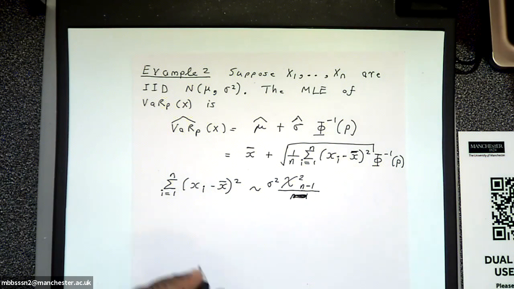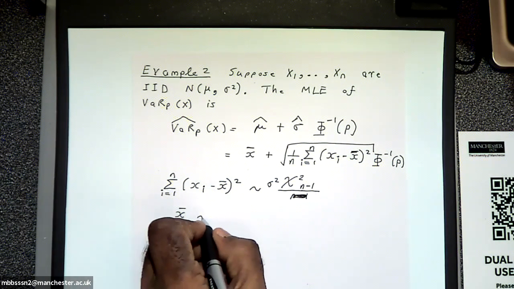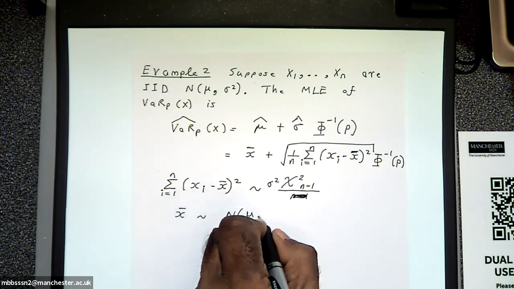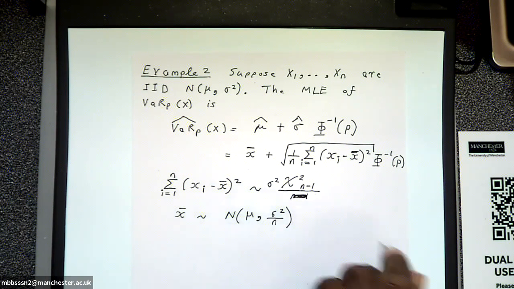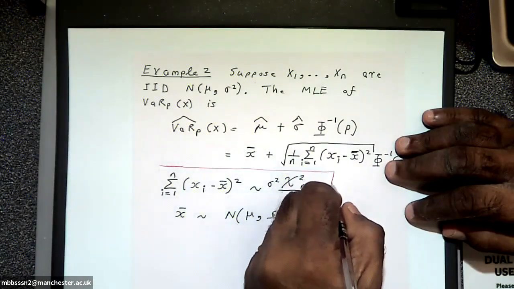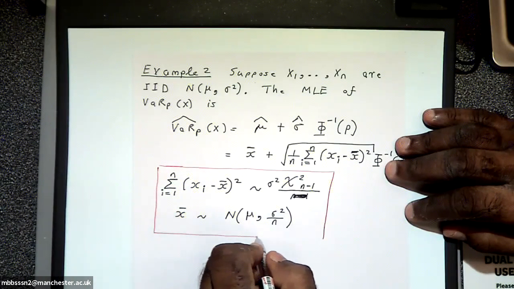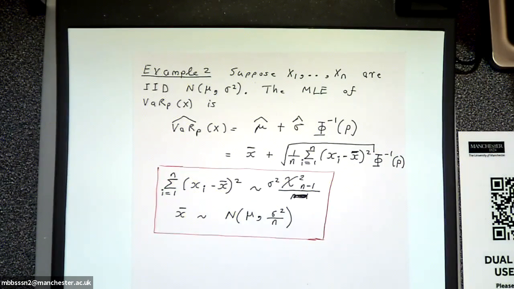And also the result that x bar has a normal distribution with parameters... Do you guys know this? This is stuff that I talked about in the first year intro to stats course, but you might have also covered this in statistical methods, if you have taken this.